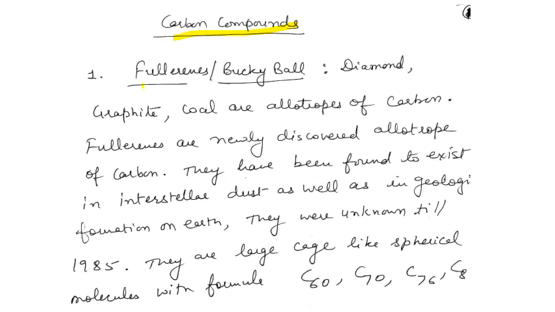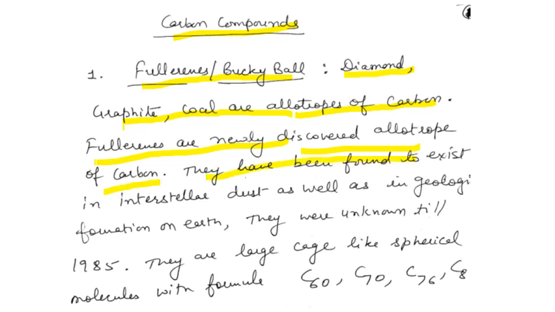The first I'm talking about is the fullerene, which is also called the buckyball. We all know diamond, graphite, and coal are the various allotropes of carbon. Fullerenes are the newly discovered allotrope of carbon, and they have been found to exist in interstellar dust as well as in geological formations on the earth.